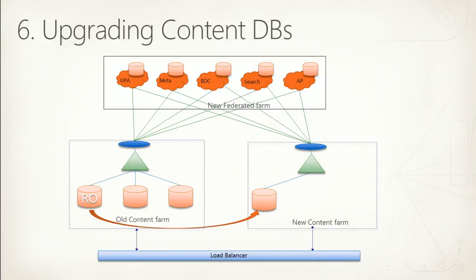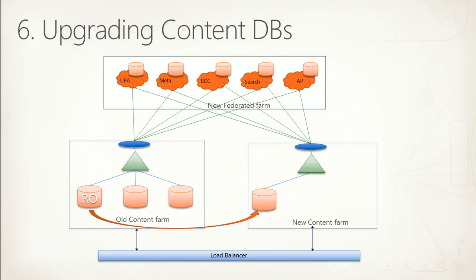Only tenants that are on that database are affected. First of all, we copy the database. We put the database in read-only, and then we copy just the diff. So you will be in read-only for that database for a period of a few minutes, at most. We've done the majority of the bulk copy in the minutes before the actual read-only experience.